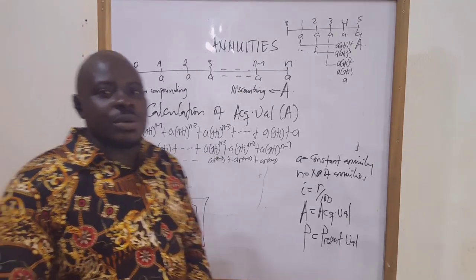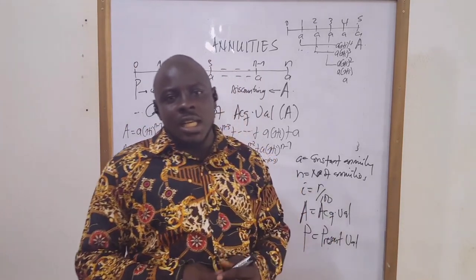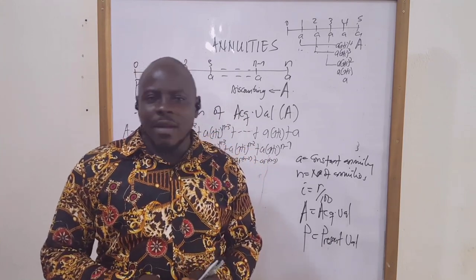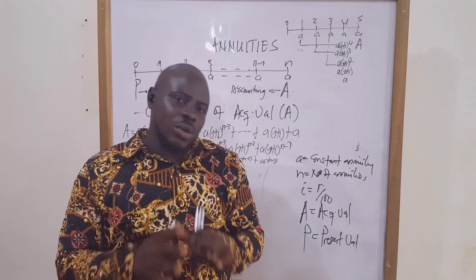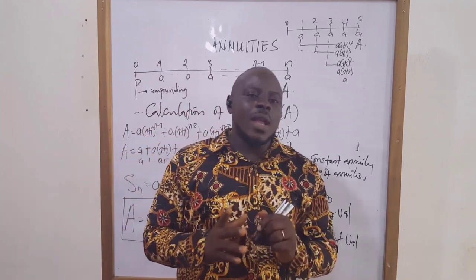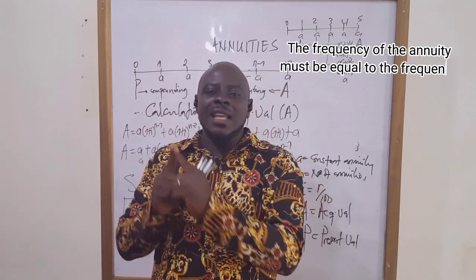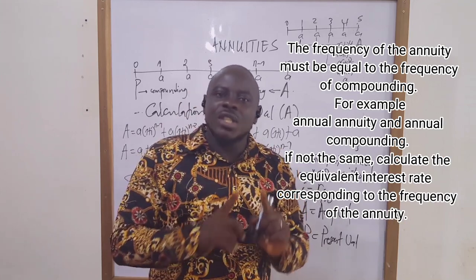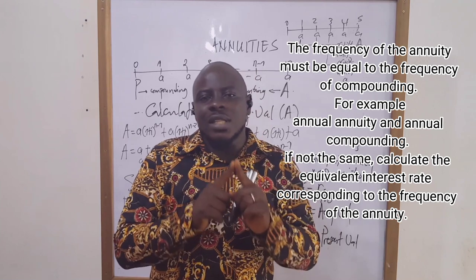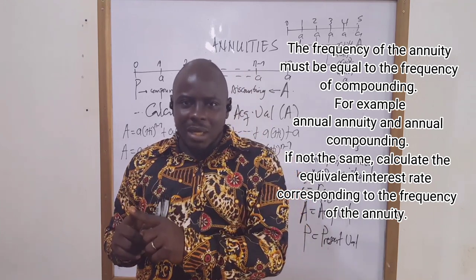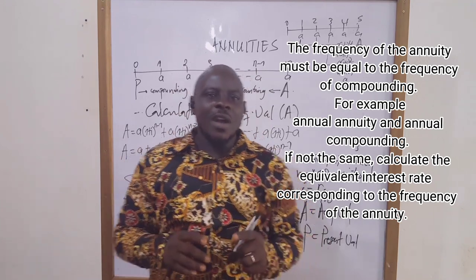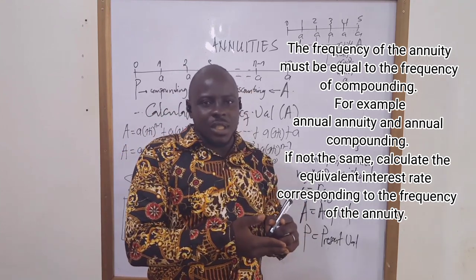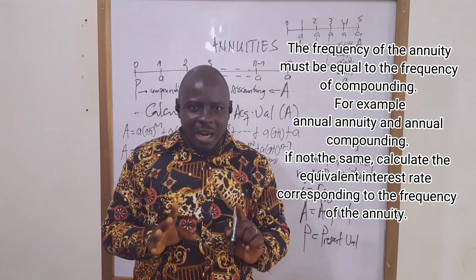We are going to take some series of examples and see how to actually punch the calculator and calculate the acquired value. There is this thing you need to know. To calculate the acquired value, the frequency of the deposit, or the frequency of the annuity, must be equal to the frequency of the compounding. What do I mean? If you are given annual compounding and you're making annual deposits, then it matches, you can calculate.